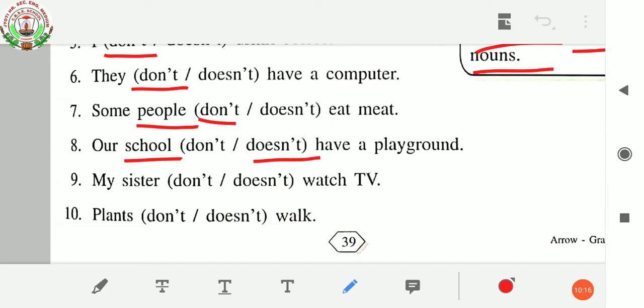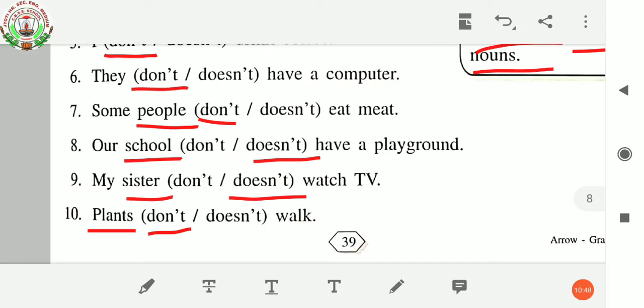Sister is in singular form, so you have to use doesn't. My sister doesn't watch TV. Then the last one, number 10. Plants don't or doesn't walk. So plants is in plural form. So with plural form, we use don't. Plants don't walk.